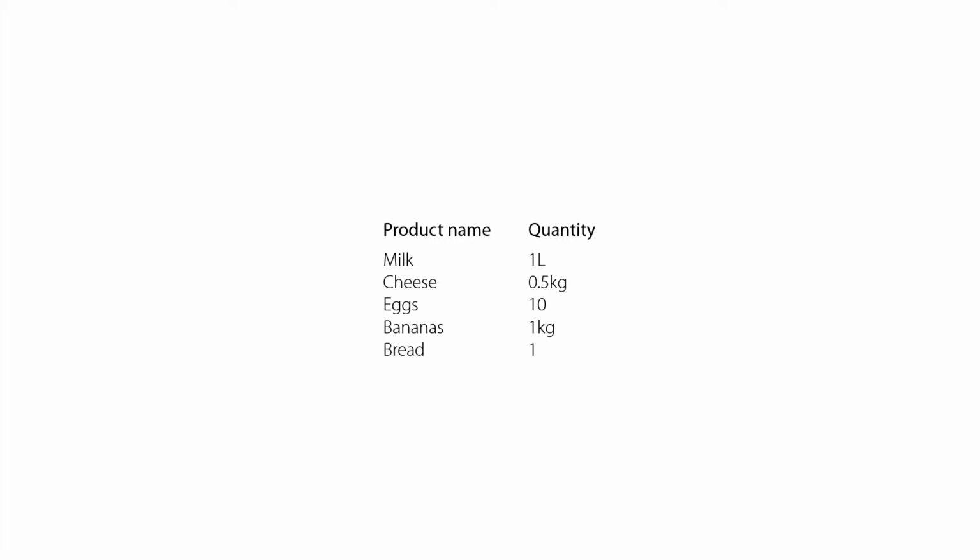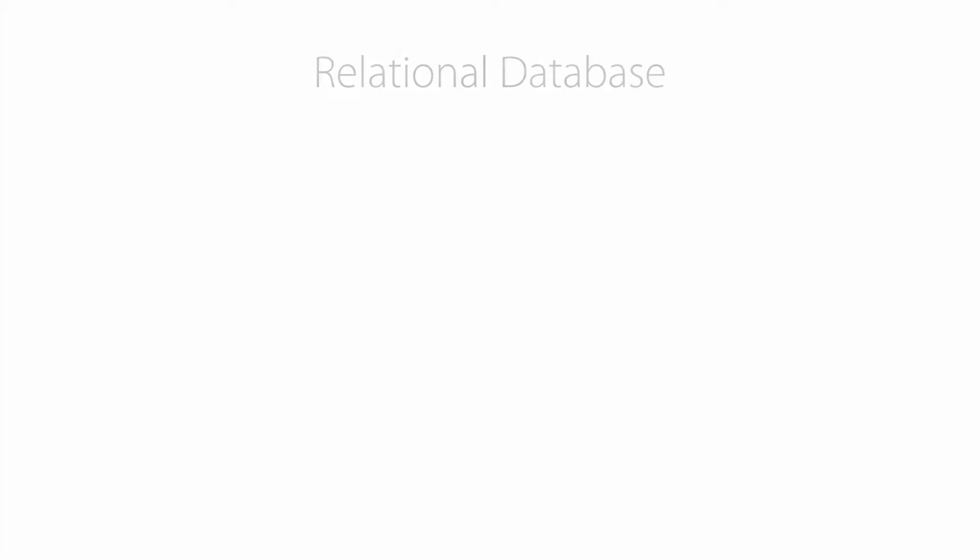So our table here is a perfect example of a relational way of storing data. We have a certain schema and we're fitting our data inside this schema. If we talk about relational databases, we're essentially doing something really similar to what we just ran through with a shopping list.